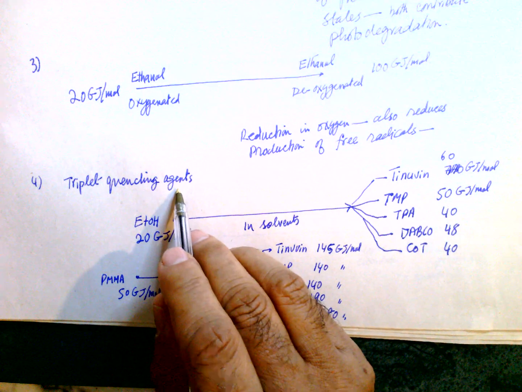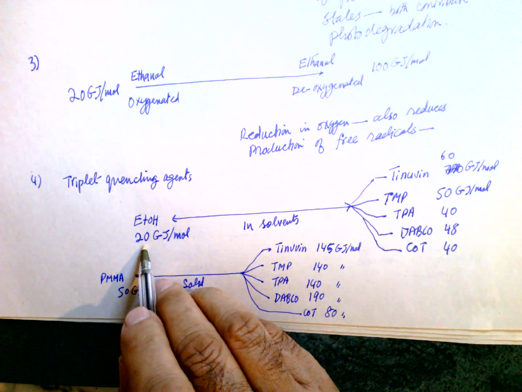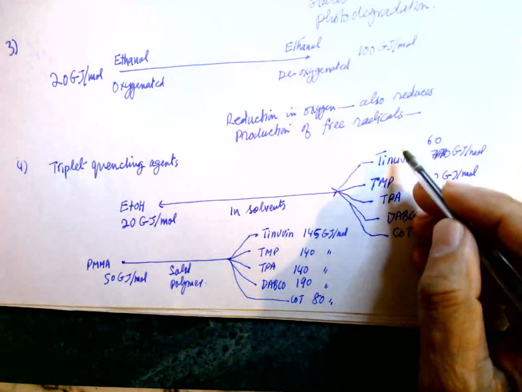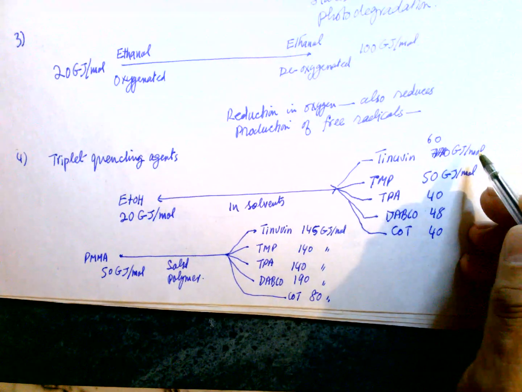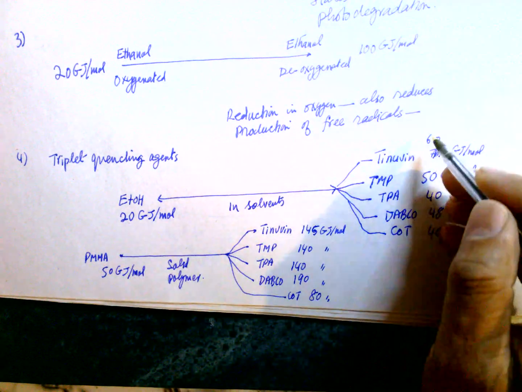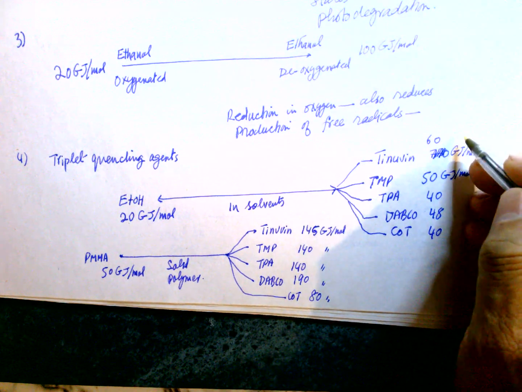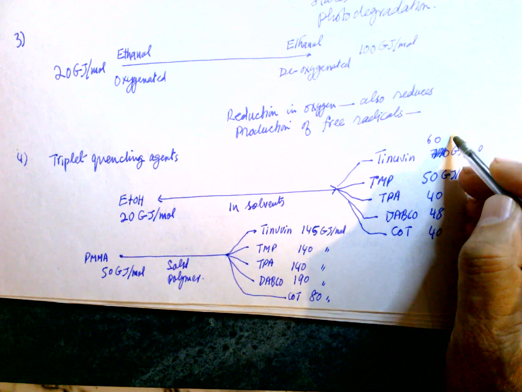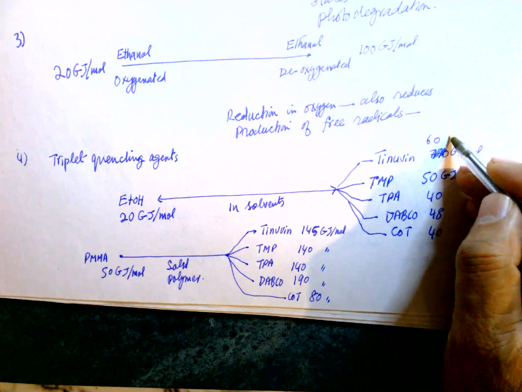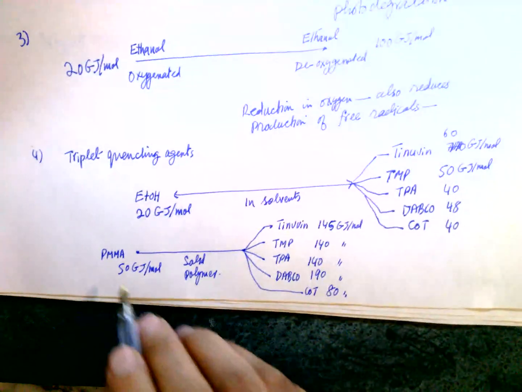Number four, triplet quenching agents. Ethanol, 20 gigajoule per mole, in solvent with different quenching agents. From 20 to 60, 50, 40, 48, and the good result is TMP, which is a three times increase.